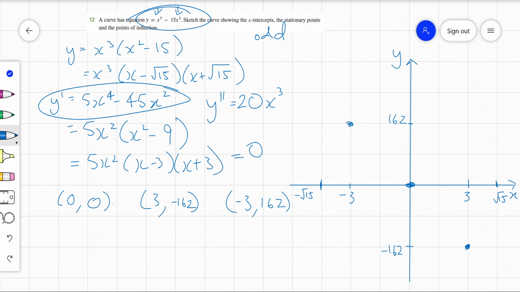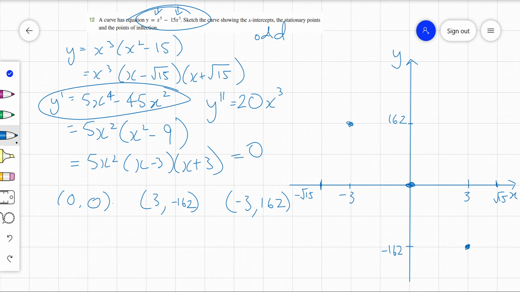If you do y dash, y double dash, and you set it all up, and then you start saying, all right, stationary points occur when y dash equals 0, and you're really showing your working like that. That would be important if this was worth 4 marks or something like that. Here, if I'm just assuming it's a couple marks and it says sketch, including these things, this is what I'm going to do. So sorry, where was I up to?